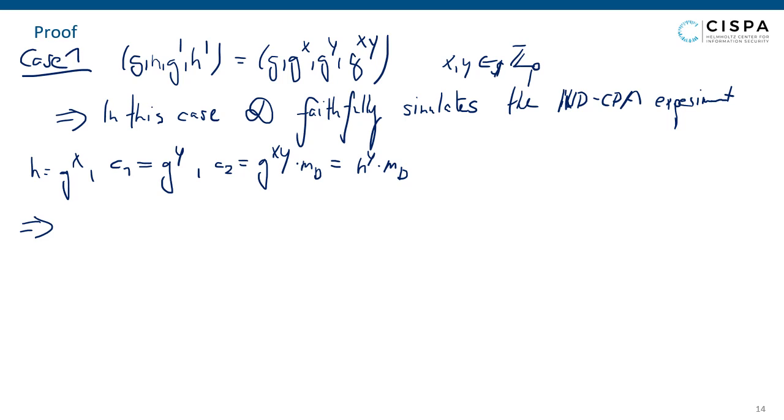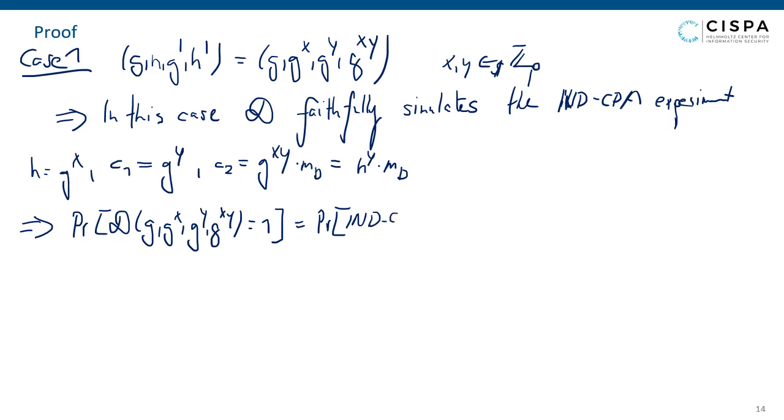So we get that the probability that our distinguisher D on input G, G to the X, G to the Y, G to the XY outputs 1 is really just the same as the probability that our adversary A wins the INCPA experiment, which we know is greater than 1/2 plus epsilon.